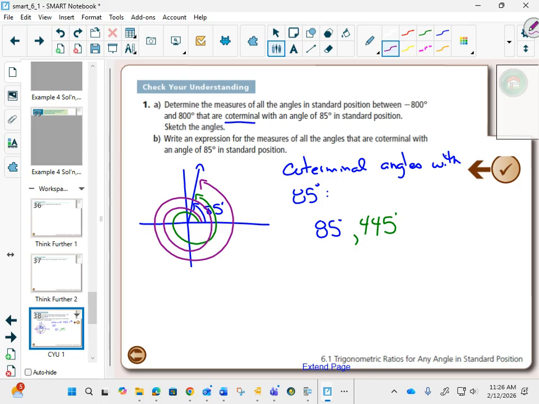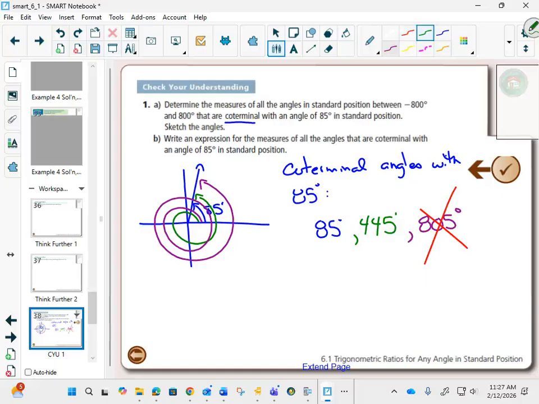Go around twice, and that would add 360 degrees again, which would get me to 805 degrees. But according to our question, I'll put an X through that one. That's too far. They just want all of the ones listed between negative 800 and 800 degrees.